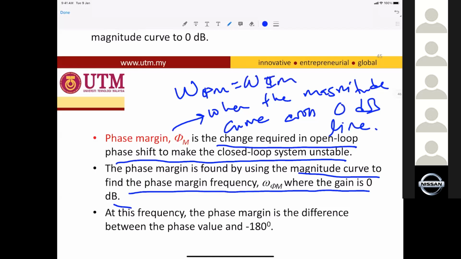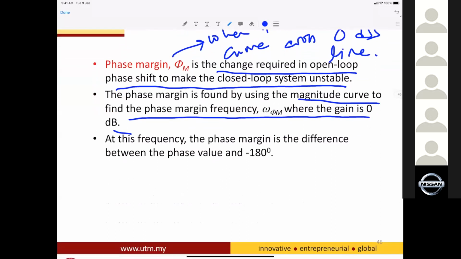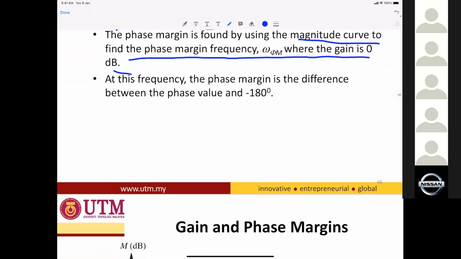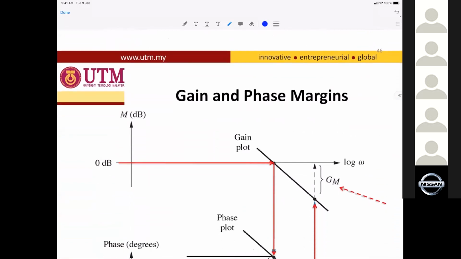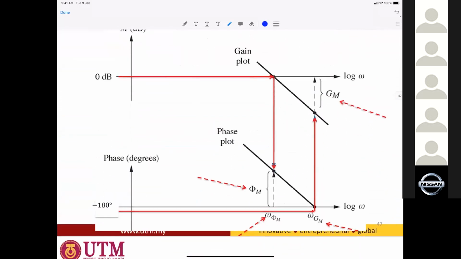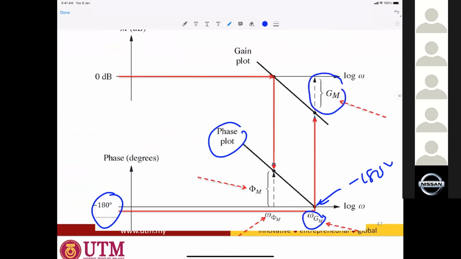So I usually call omega PM and omega GM. PM stands for phase margin, GM stands for gain margin. Okay, so it's shown here. You can see that when the phase plot crosses minus 180 degrees here, it will give you omega GM and it will give you the gain margin over here.